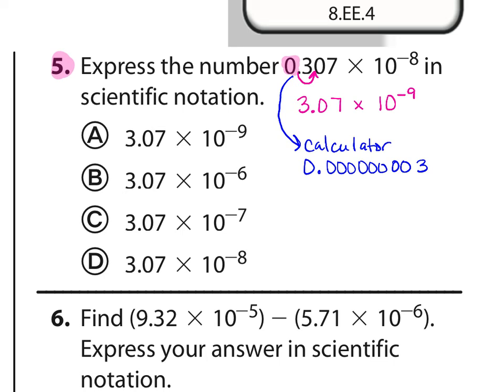And I'll go ahead and just check this other one and see in the calculator what it comes out to. 3.07, just because I want to be sure, times 10 raised to the negative 9th power. And I also get 0 point followed by 8 zeros, 1, 2, 3, 4, 5, 6, 7, 8, and then a 3. So they are the same. They're equal. And so we did get that first answer choice, and it is correct.